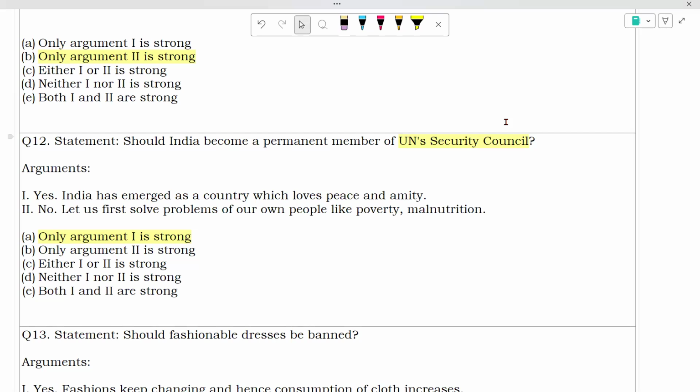The second statement would have been, yes, India has the maximum population. Maximum number of people are living in India, so India should be a part of that. Then, when you are comparing those two, you can say which is the stronger argument. Here there is no absolute yes or absolute no; in induction there is probability.